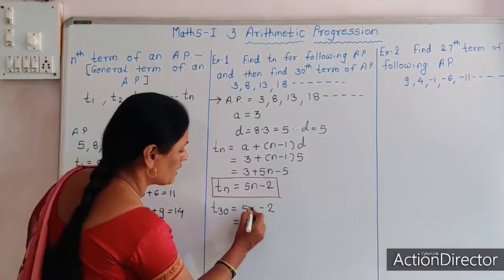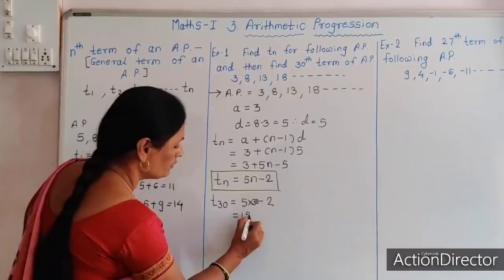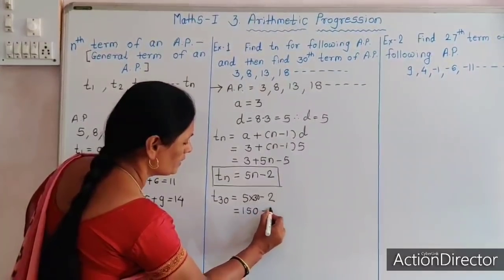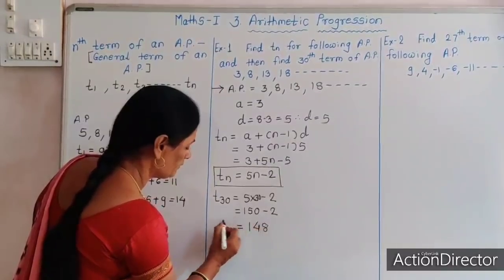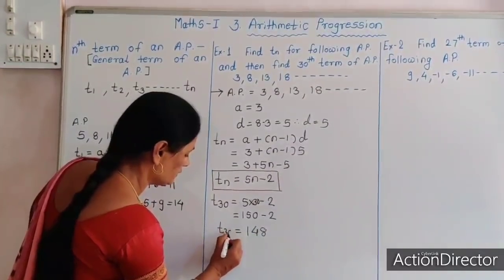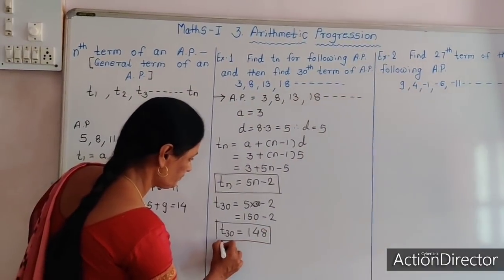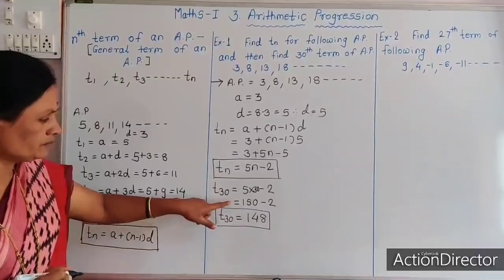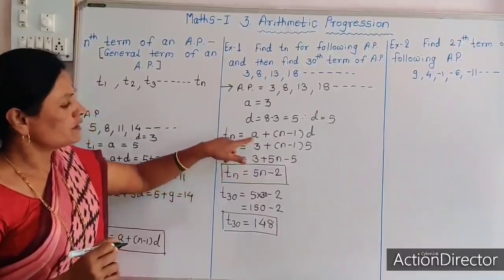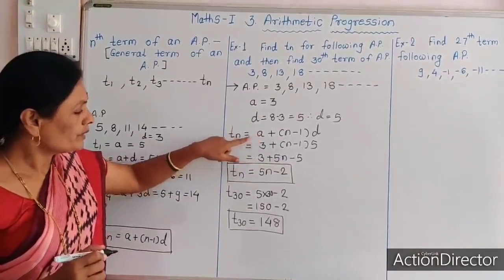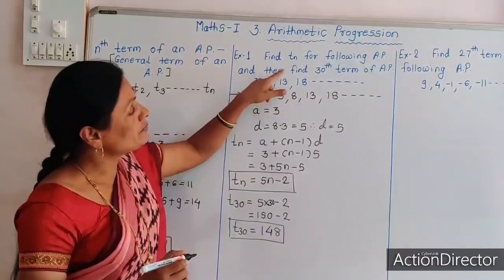Here we write 5 into 30, which is 150, minus 2 is equal to 148. T30 is equal to 148. Look here. We can calculate T30 using the formula also, but here the question says find Tn, then find T30.